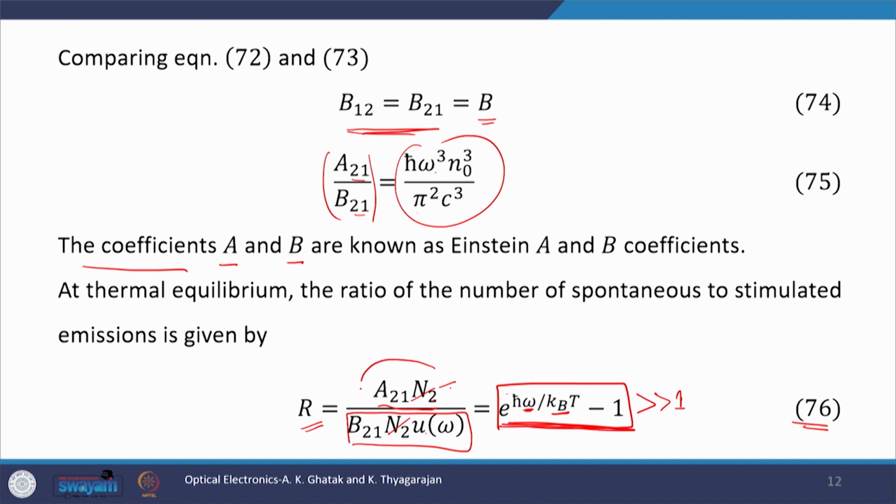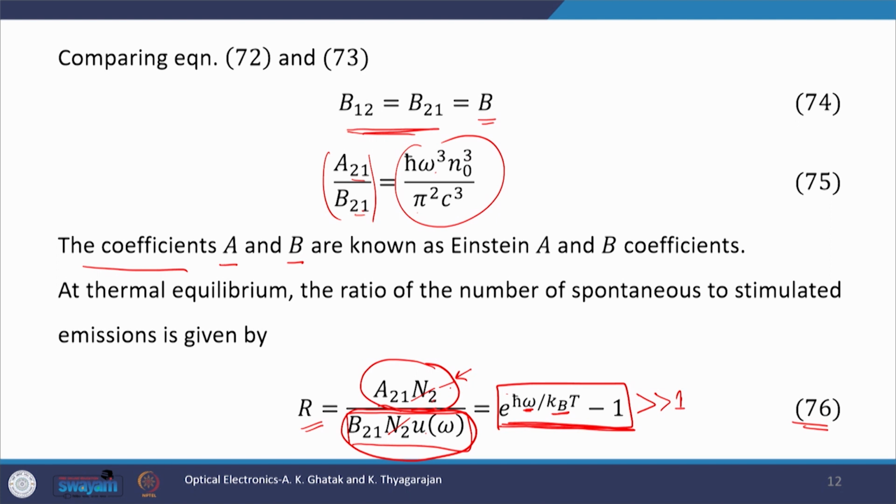Therefore, the numerator would be much larger than the denominator, and the numerator here represents the number of spontaneous transitions, while the denominator represents the number of stimulated transitions.